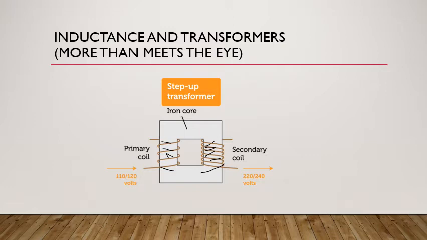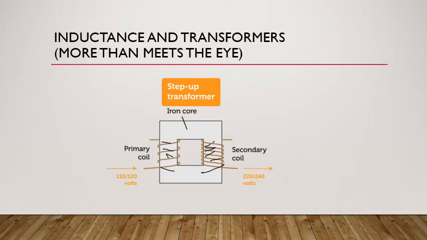Those little wall warts you plug into the wall, the ones that turn the power from the wall into power for, say, your USB cable or your Xbox, do something similar, although they also have a rectifier to help turn it into direct current.